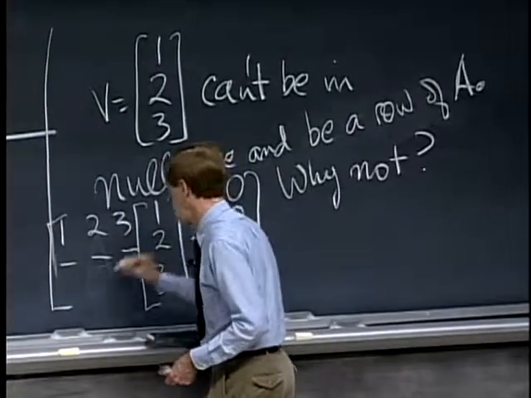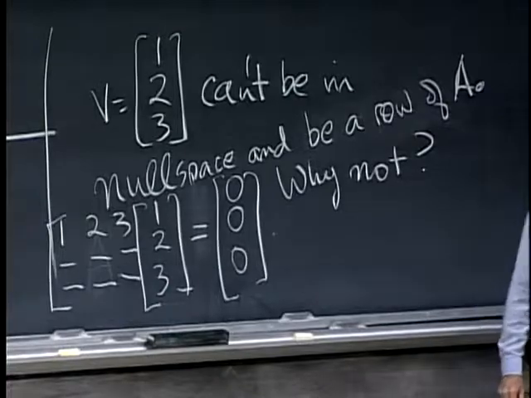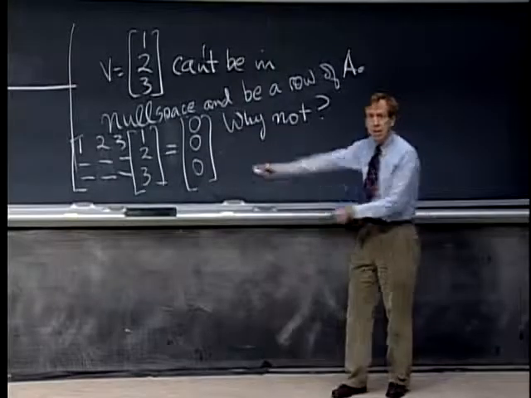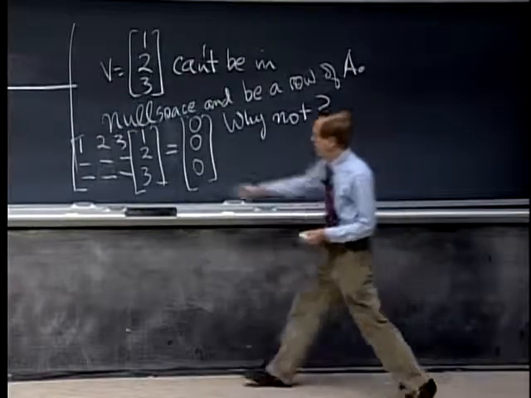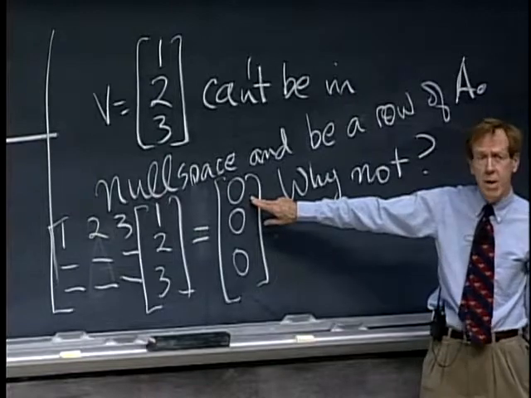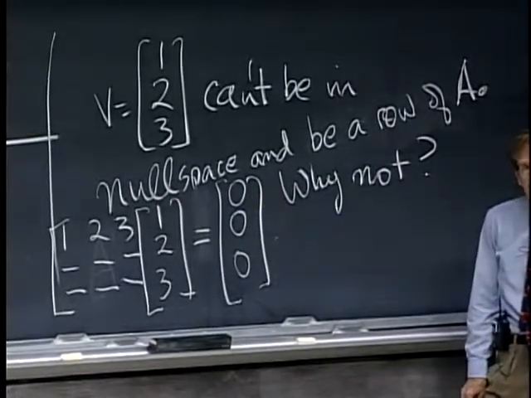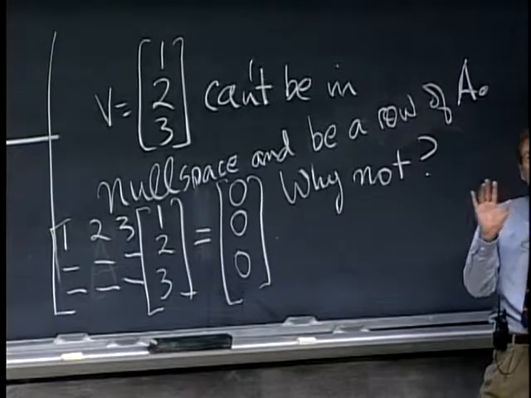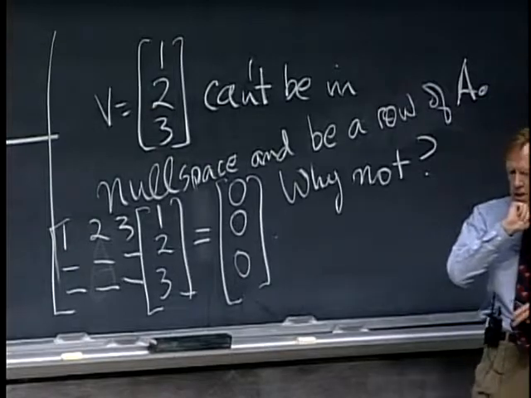I can fill out the matrix as I like. Why is that impossible? Well, you're seeing it's impossible, right? If that was a row of the matrix and in the null space, that number would not be 0, it would be 14. Right. So now we actually are beginning to get a more complete picture of these four subspaces.